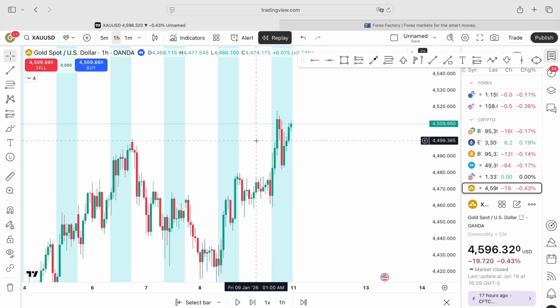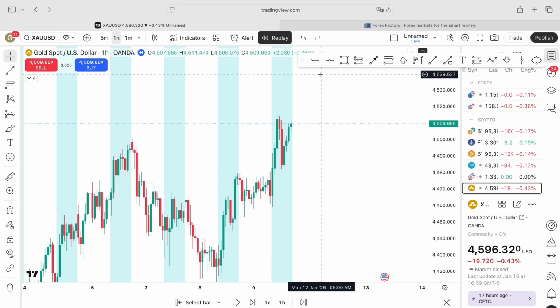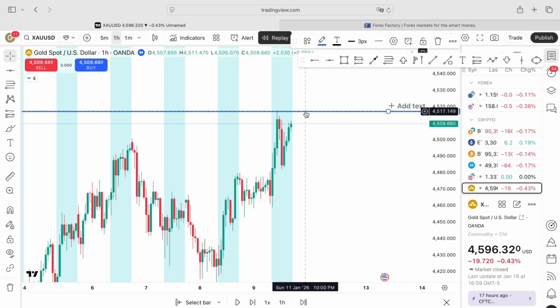Now, the low is the most recent bearish candle at the bottom of the push, right? This cannot be considered the low because we have not gone higher than this point right here.